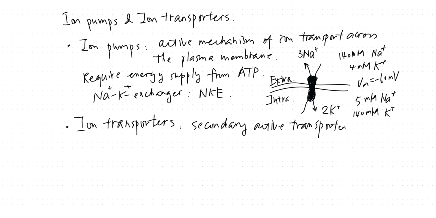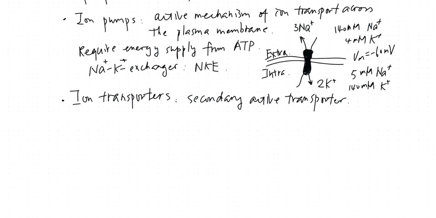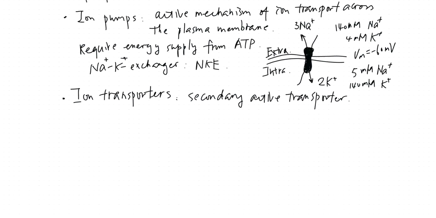Secondary active means it's not necessarily active in the sense of using ATP like pumps. But they usually transport 2 or more species of ions at once, in one direction or 2 different directions, and they use the energy from one species to drive the other species. Let's look at examples so that you know what I'm talking about.